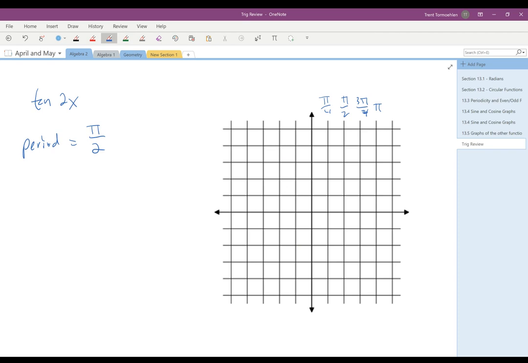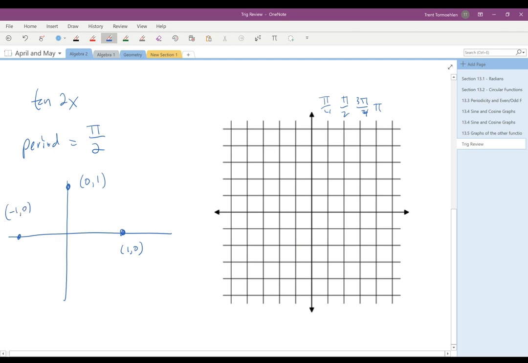If you remember, on the unit circle, for 0 degrees our coordinate is (1, 0). For 90 degrees, it's (0, 1). For 180 or pi, it's (-1, 0). And for 270, it is (0, -1). Tangent is always just y over x. And so at 0 degrees, tangent just equals 0.